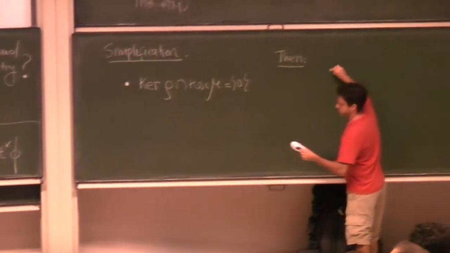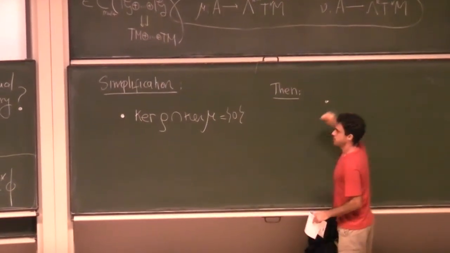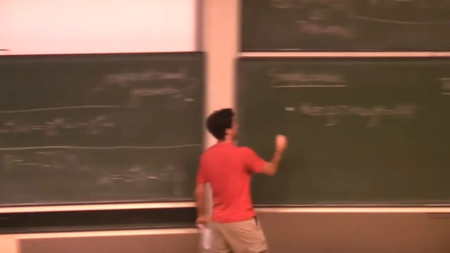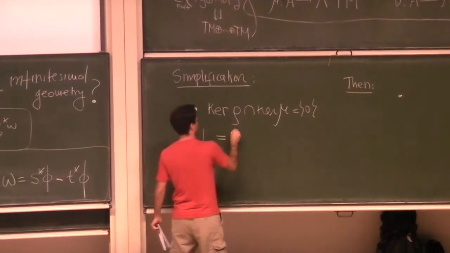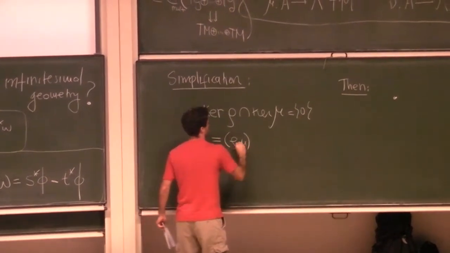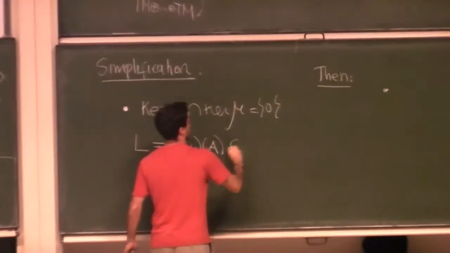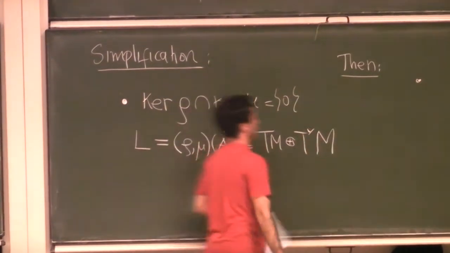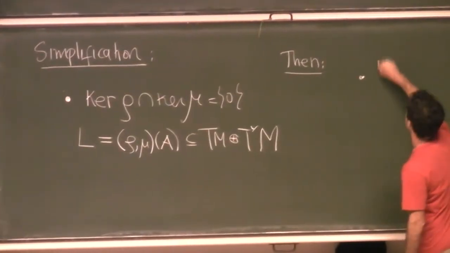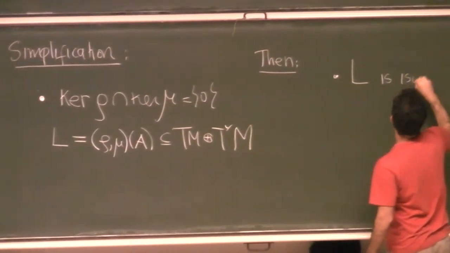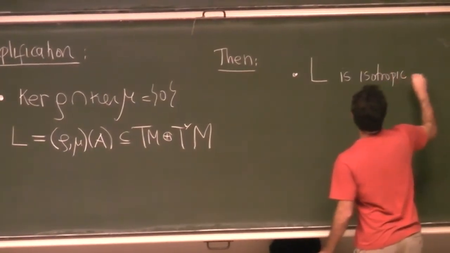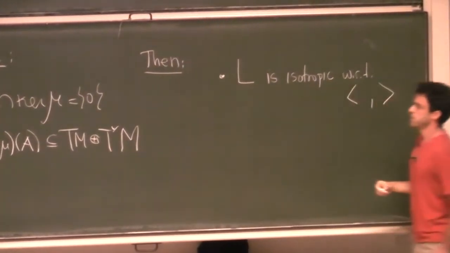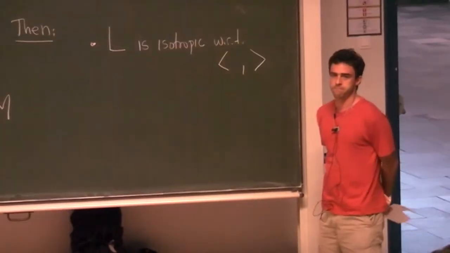So the first equation there will just say that the image, so let me call L the image inside T plus T star, the first equation just says that L is isotropic with respect to the natural symmetric pairing that you have on T plus T star.